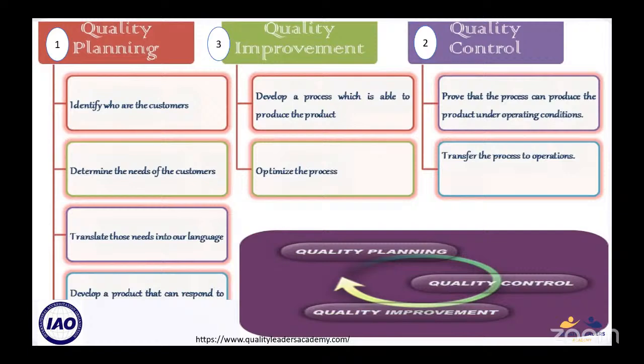Now, the next step comes: let's optimize the process. This is where improvement becomes truly powerful. Remember, optimization means not just fixing what's broken, it's making what's working even better. Juran talked about the term breakthrough improvement. What is breakthrough improvement?